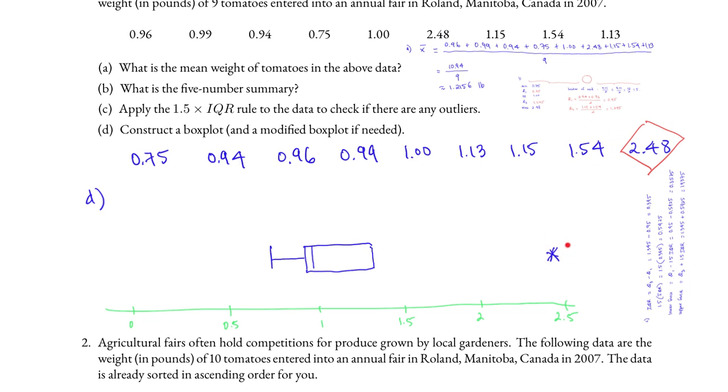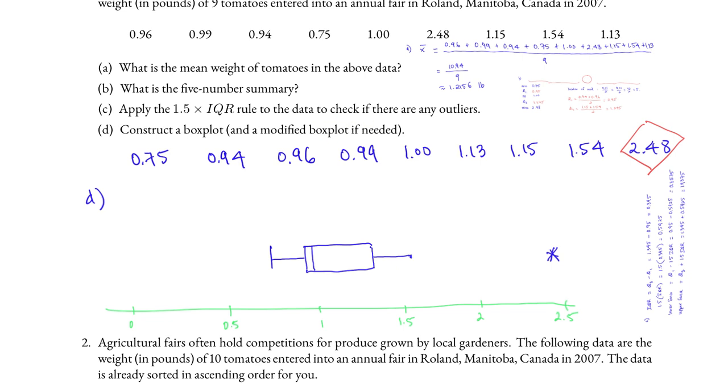We use the asterisk for the outlier 2.48. 1.54 is a little bit on the right-hand side of 1.5. We extend the line in the middle of the box to 1.54. This is known as the modified box plot.